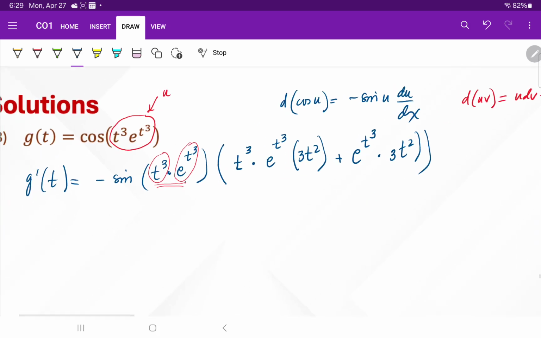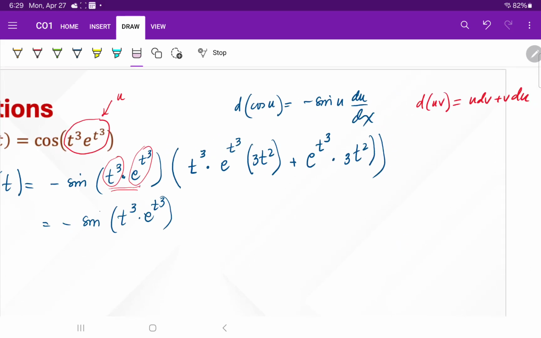Alright, so we get negative sine of t cubed times e to the t cubed times, here we can factor out. T squared is common, right? Because you have here t cubed and also here we have t squared. So we can factor out t squared. What else? And e to the t cubed.